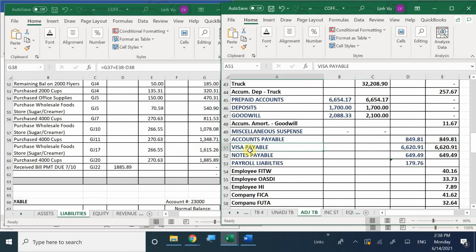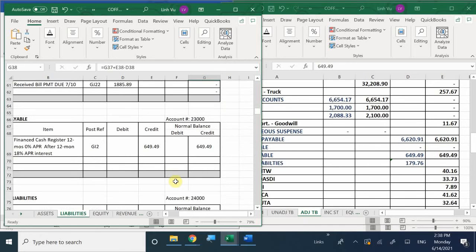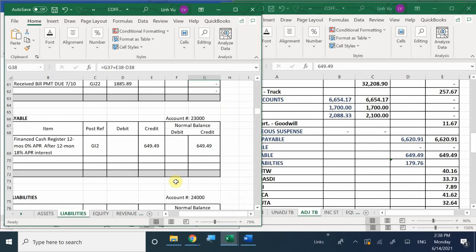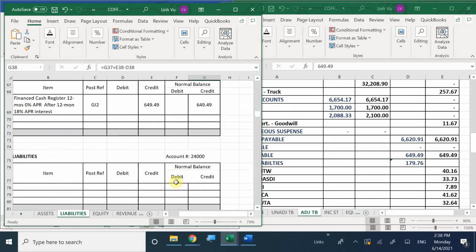Why is my Visa payable so high? Oh, I typed in the wrong one. So this was 662091. My Visa payable is 0, since we are trying to pay it off. What about my notes payable? 649.49. So that stayed the same.